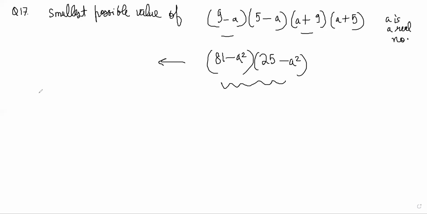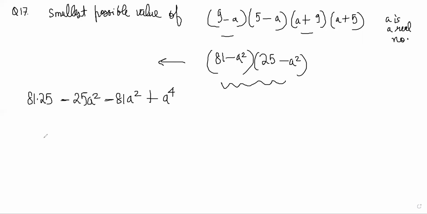So you have 81 into 25. I will not try to multiply that, I'll just keep that as it is, and this will become minus 25a square minus 81a square plus a power 4. Then you make a square equal to b.